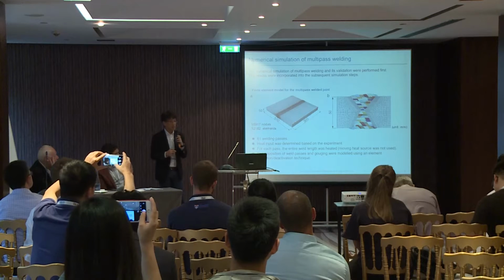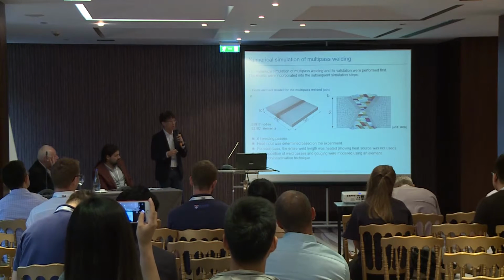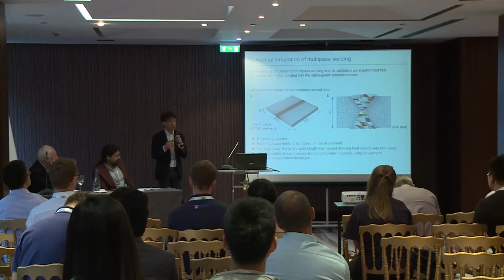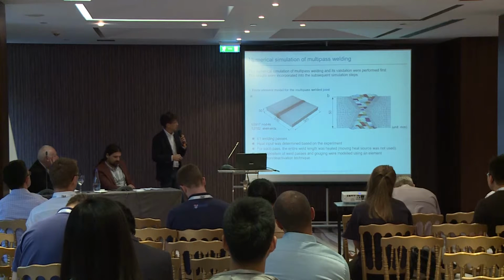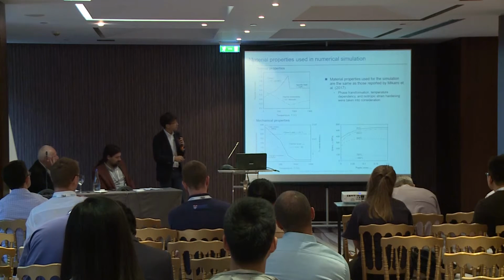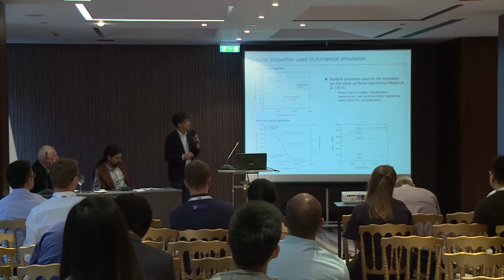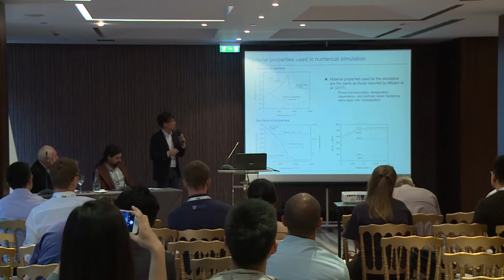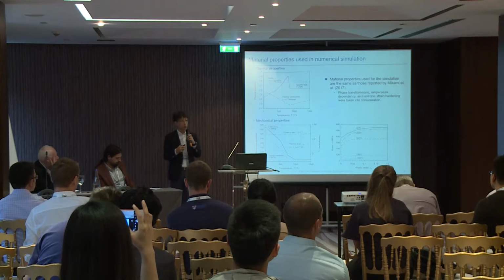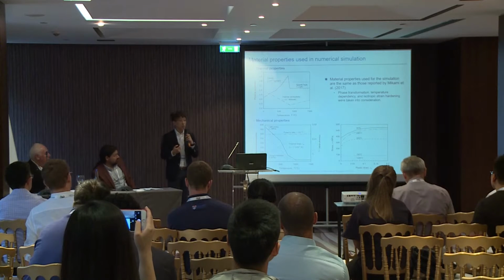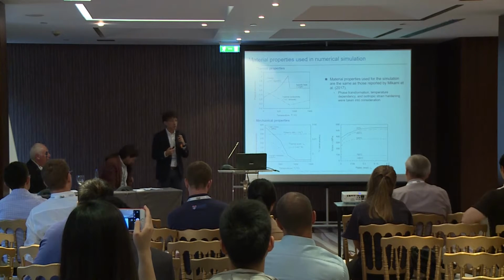The geometry and the size is the same as the fabricated one, and also the pass sequence is also determined based on the experiment. And this is the material properties used in the welding simulation. And then in the welding simulation, phase transformation and the temperature-dependent material properties were taken into consideration.